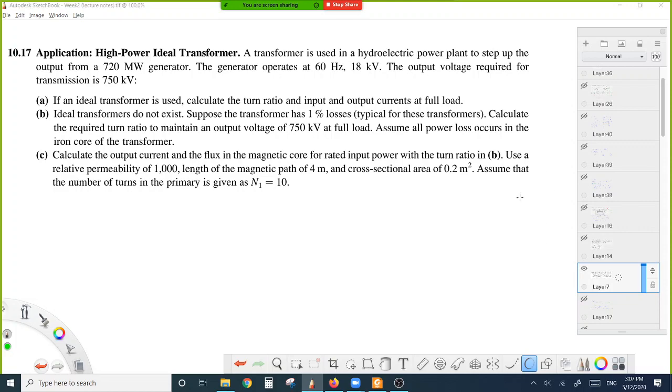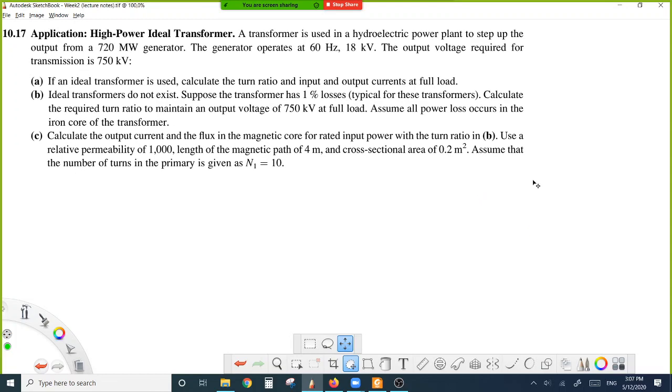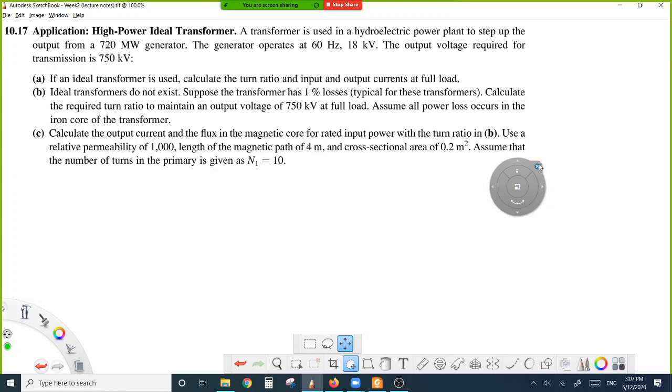Okay, we have a transformer. The transformer is used in a hydroelectric power plant to step up the output from a 720 megawatt generator.